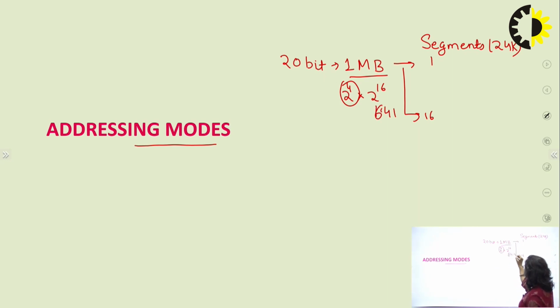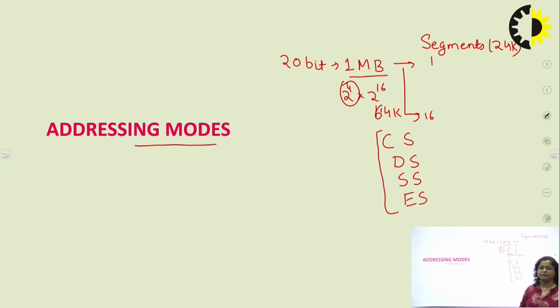Out of these 16 segments, only 4 segments are accessed at a time by a single program, which are called the code segment, data segment, stack segment and extra segment. The way in which a microprocessor fetches data from these segments constitutes addressing modes.